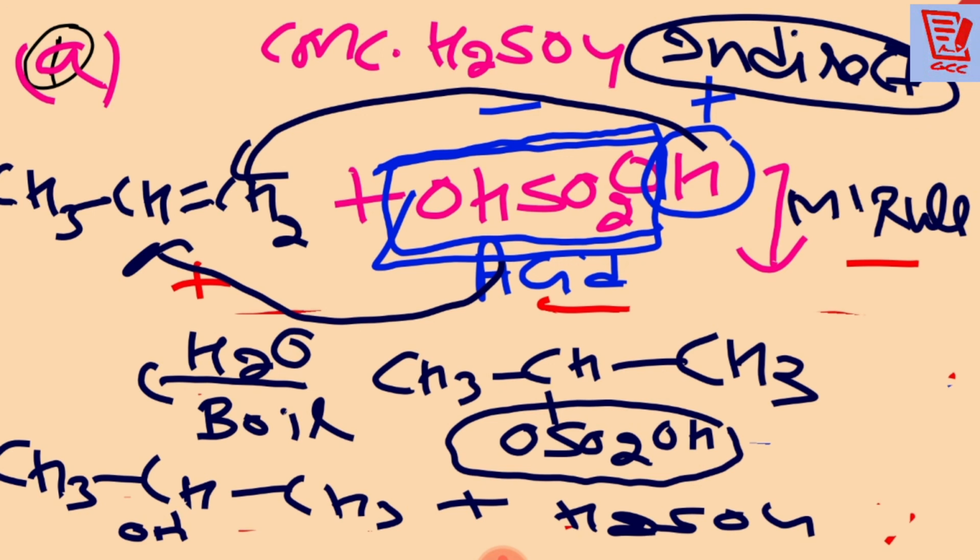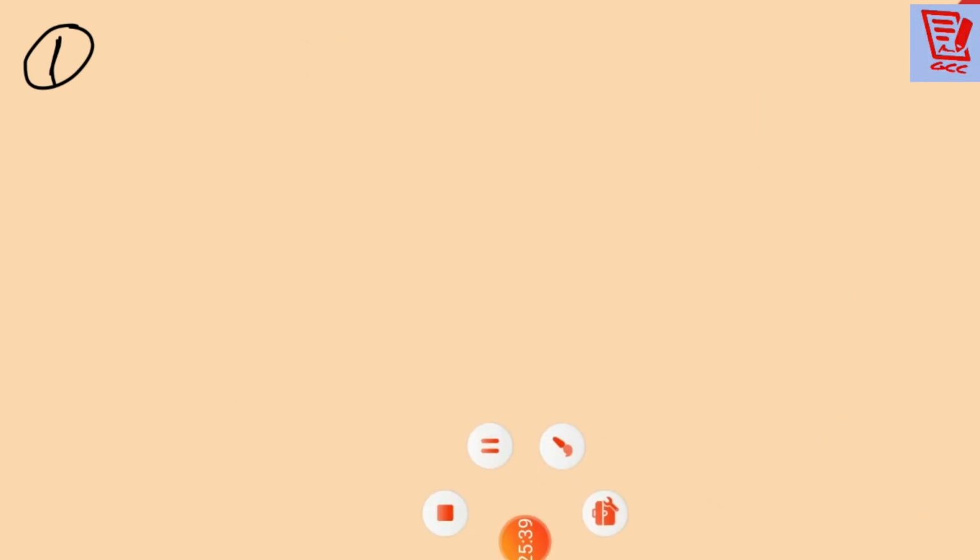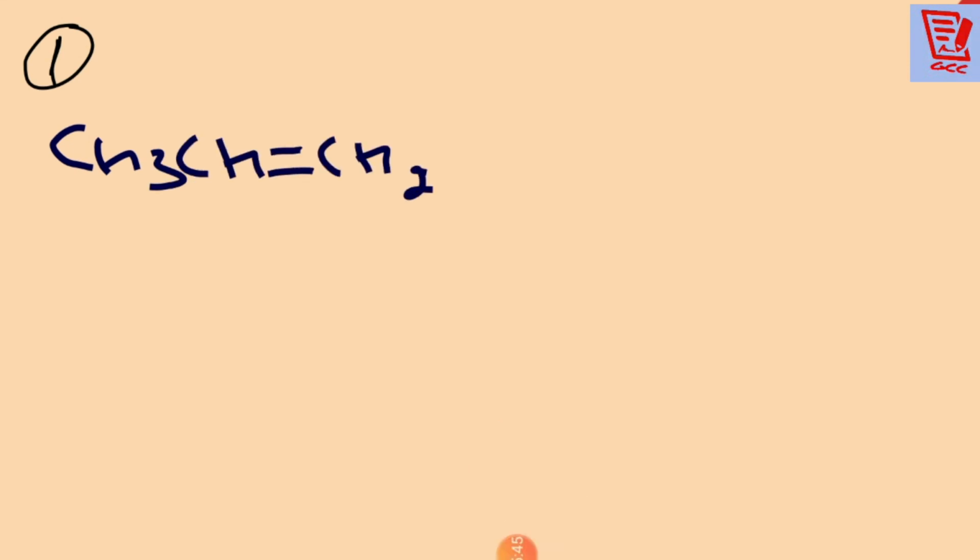But if we have to do the direct way, then what to do there? Through the direct way, what will we do in this? Look here please, all of you see it very carefully. If you do it with the direct way, then what to do in that case? Simply I am writing this one, CH3 CH double bond CH2.